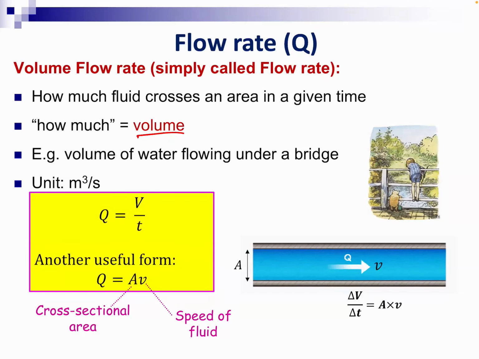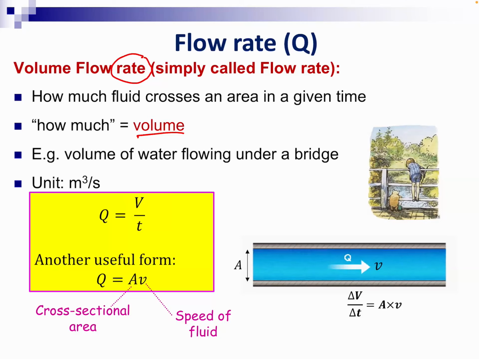And so when you read the word rate, because you'll be seeing this word quite often moving forward, it's always something divided by time. So in the case of flow rate, it's volume divided by time. So the equation for flow rate is Q equals volume divided by time, the volume of fluid that is crossing an area for a given amount of time.